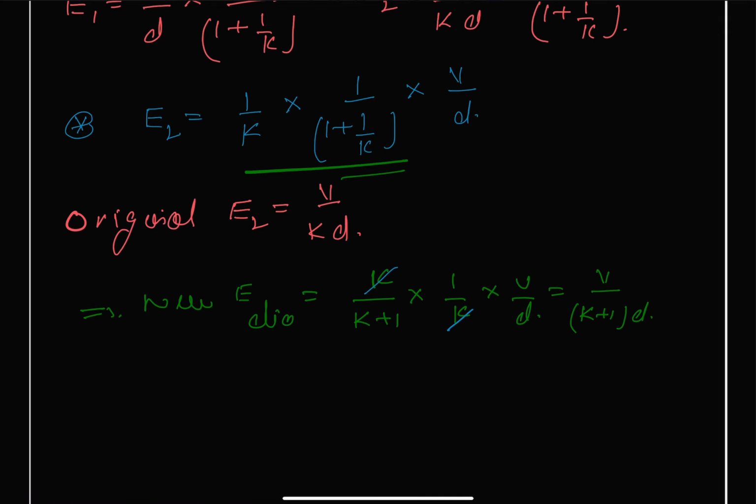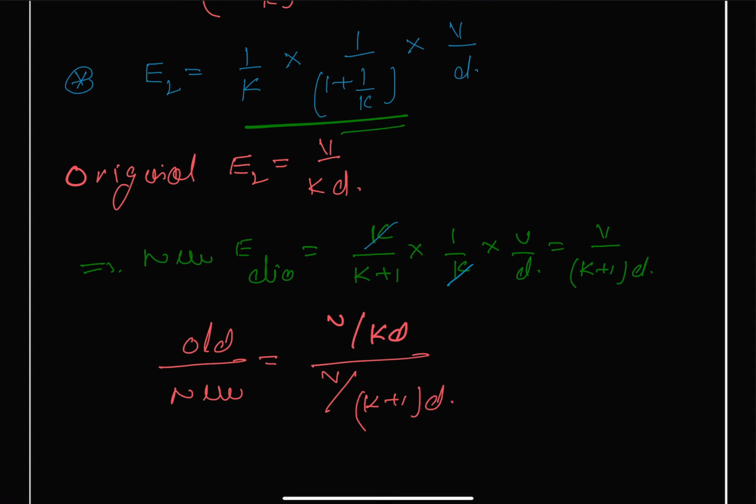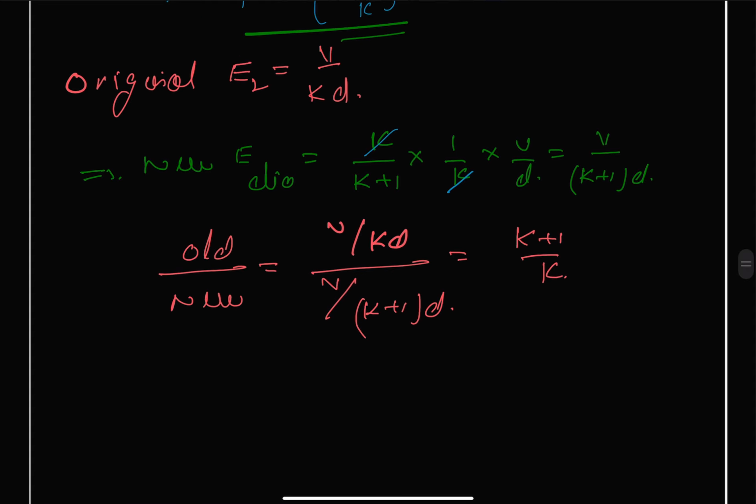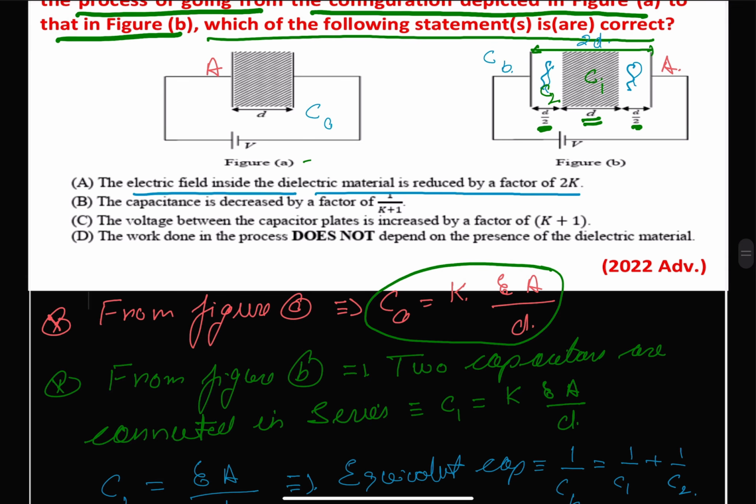We need to find out the reduction. Therefore, we can say that the old divided by new, and old is V upon K times D divided by new, which is V divided by K plus 1 times D. So this comes as K plus 1 divided by K. So the reduction is, we can say that it is written as electric field inside is reduced by a factor of 2K.